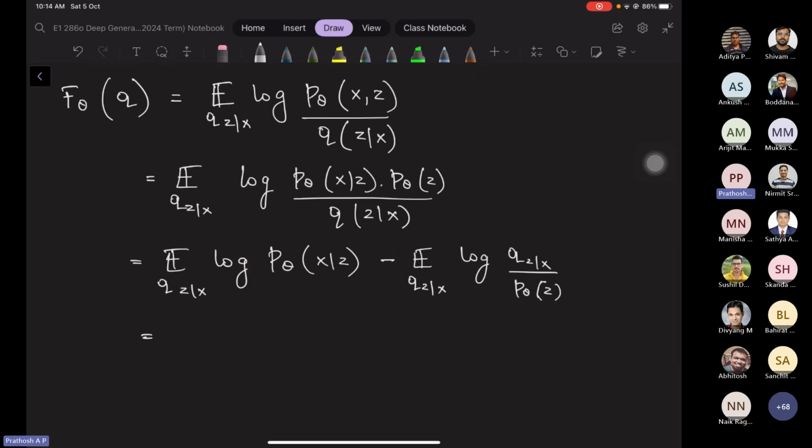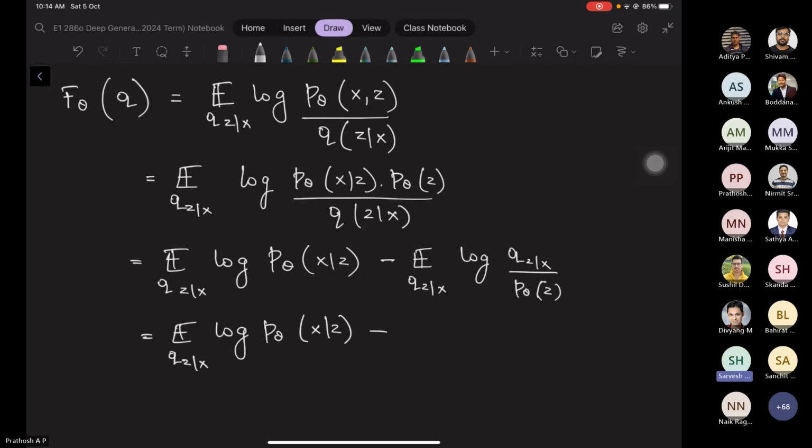So this is the expectation of log of p theta of x given z, with respect to q of z given x, minus... What's the second term? Can you recognize the second term?